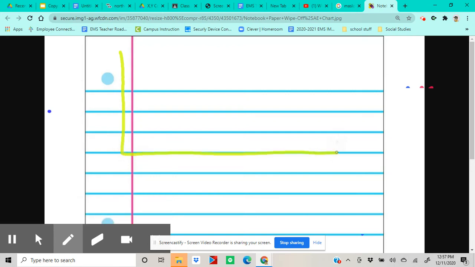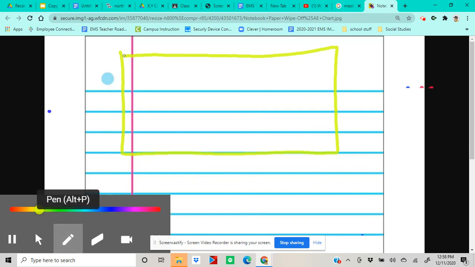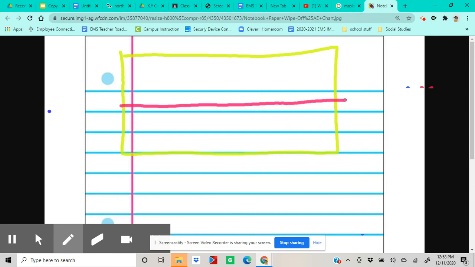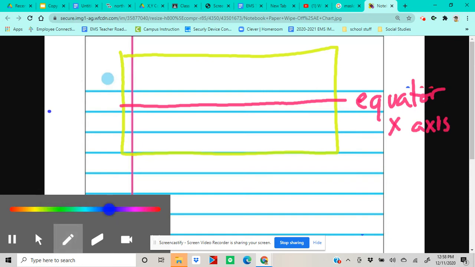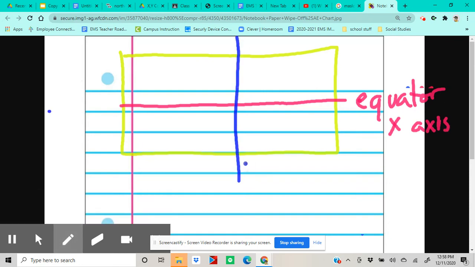We're back on our map again. We're going to quickly restate things. We have our equator, which we talked about, is the x-axis. We also have our y, which we call the prime meridian.